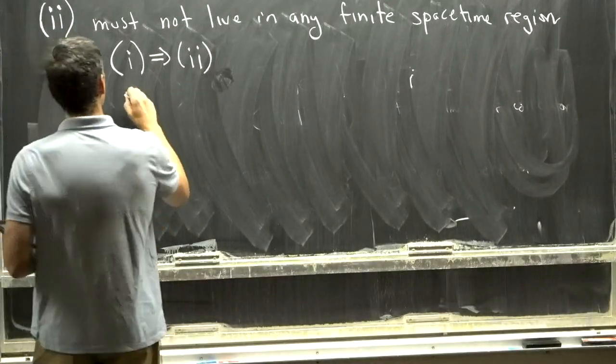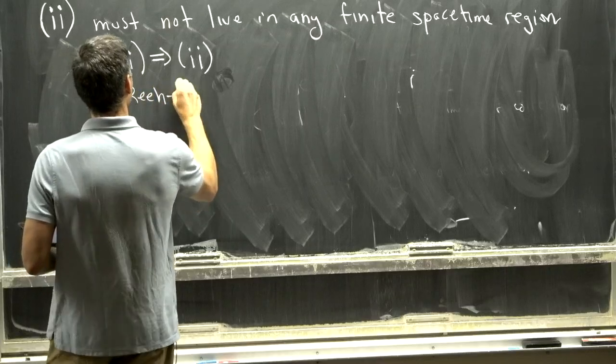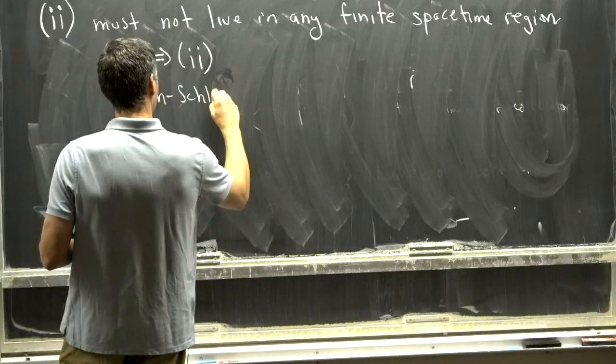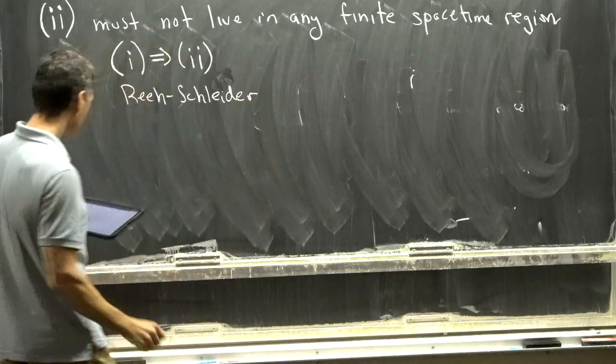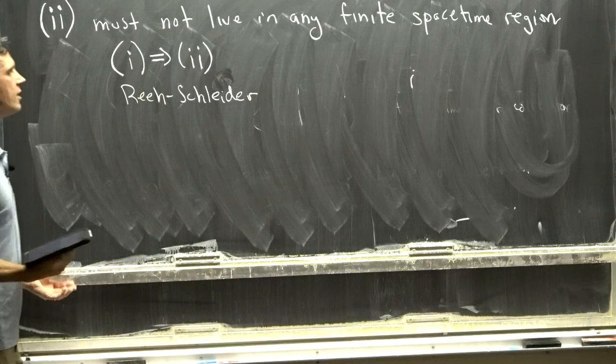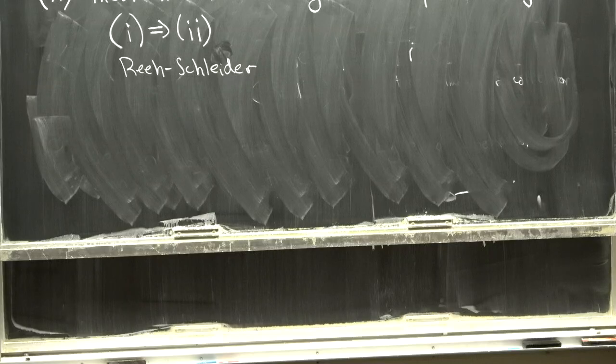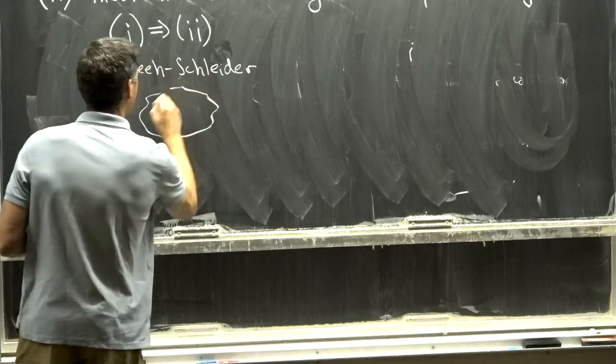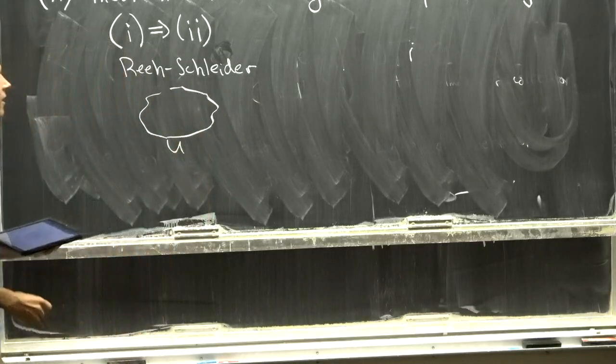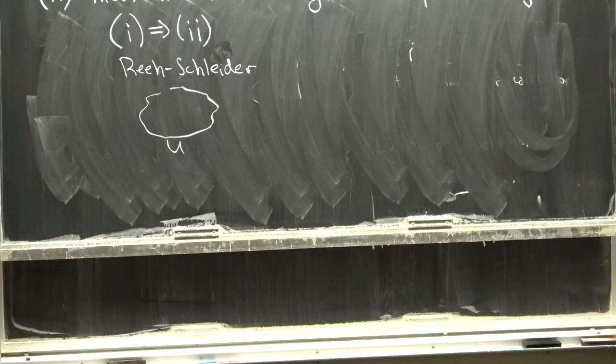The key ingredient here is Reeh-Schlieder. What Reeh-Schlieder says is that you can pick a region, say region U, and then you can act with local operators in region U, and you can make any state in the Hilbert space that way. Not quite. It says that you can make a set of states that are dense in Hilbert space by acting in any open region U.